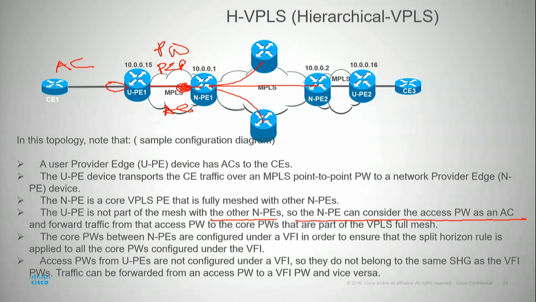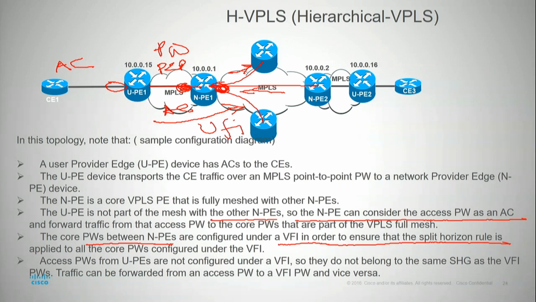So if traffic comes here, it will simply route it over the VPLS. The core pseudo wires between NPEs are configured under VFI in order to ensure split horizon. Suppose I am getting traffic from here, I will not be able to forward it to this VPLS pseudo wire, because those are part of the same split horizon group, configured under the same VFI instance.